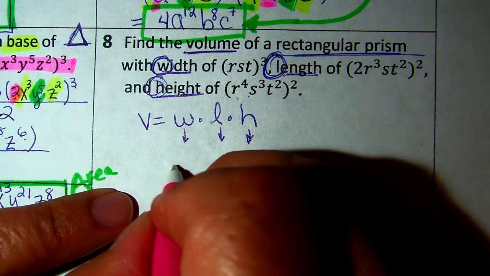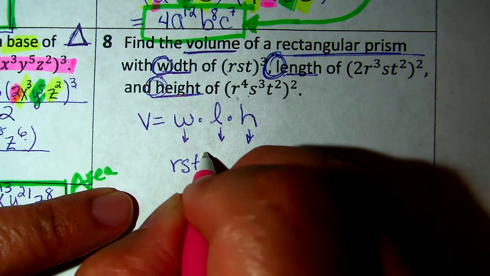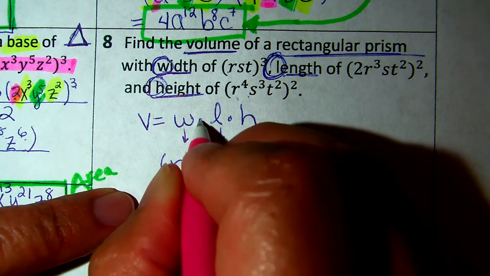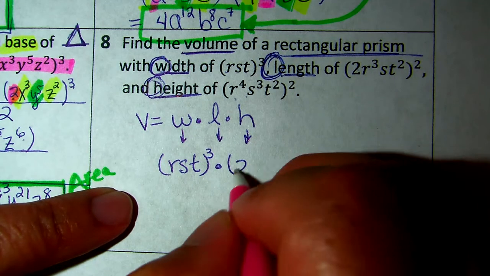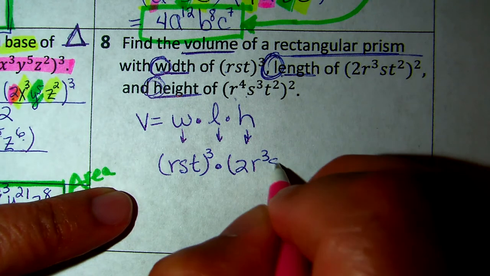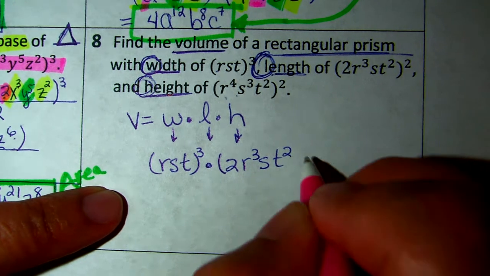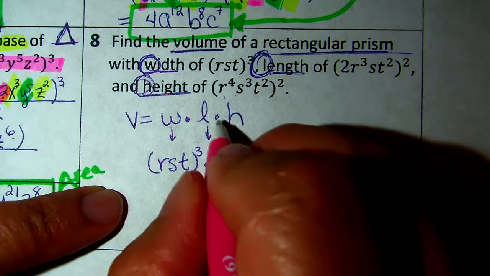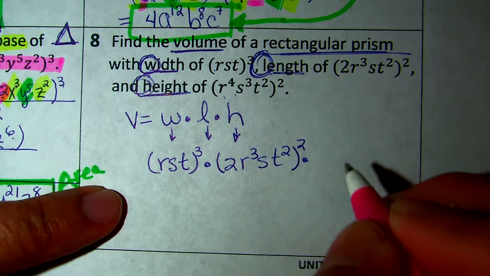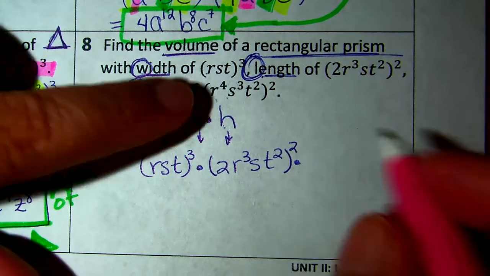The width is RST, all of it to the power of 3, times the length, 2R cubed, S, T squared, all of it to the power of 2, times the height. What is the height?